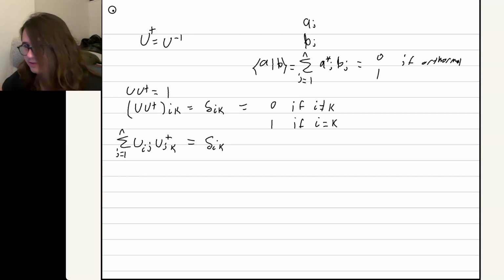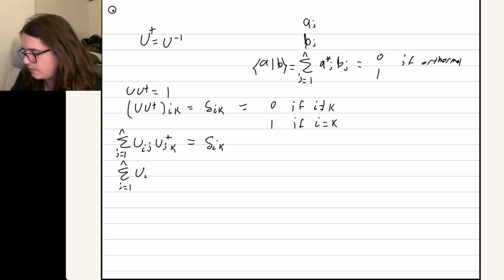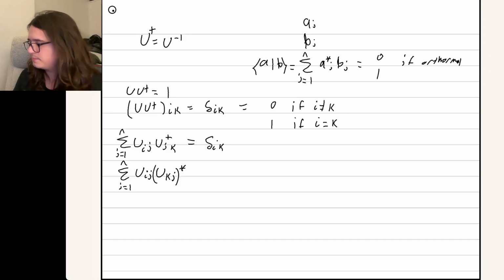And that's why I use the symbols ik, so I can just directly use that formula. But we know how to do a Hermitian conjugate actually, because it's just a transpose followed by a complex conjugate. So we know that u sub jk dagger is actually just u sub kj complex conjugate.